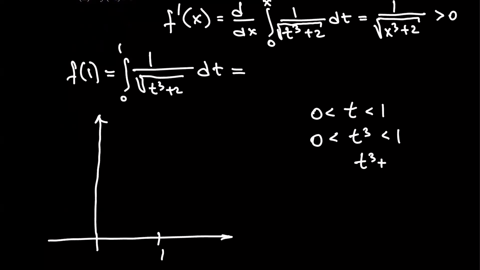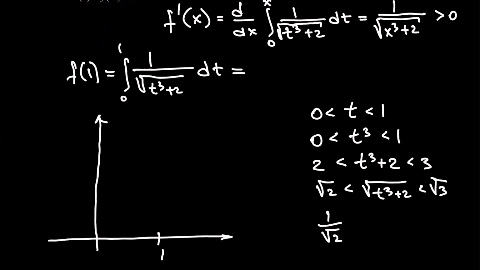T cubed plus 2 is between 2 and 3. Taking the square root gives us that the square root of t cubed plus 2 is between square root of 2 and square root of 3. And then when we divide 1 by this number, we need to change the inequality sign. So this becomes 1 over square root of 2 is greater than 1 over the square root of t cubed plus 2, greater than 1 over square root of 3.